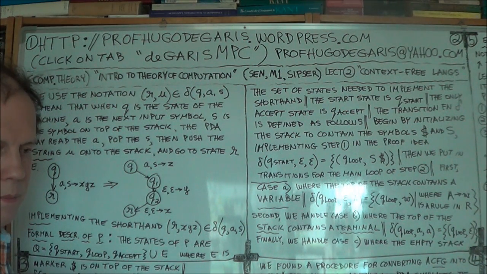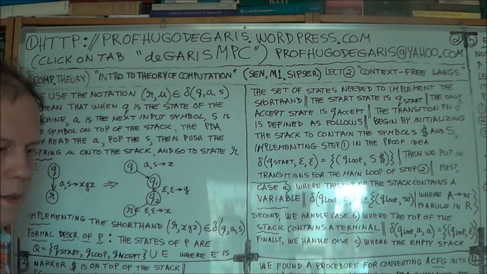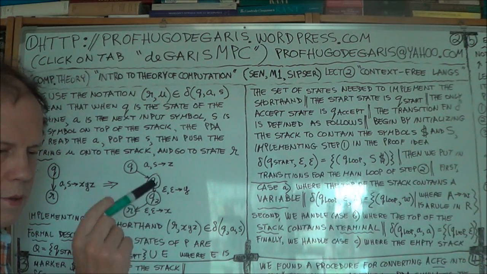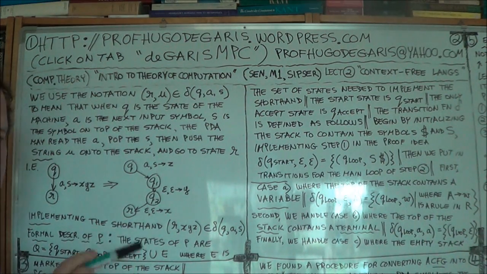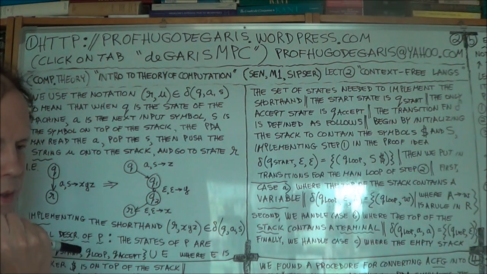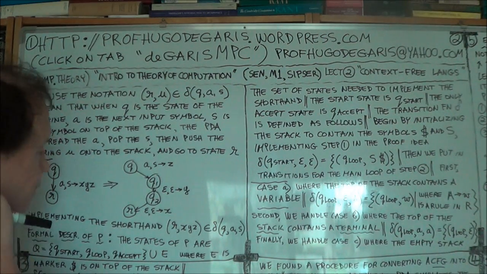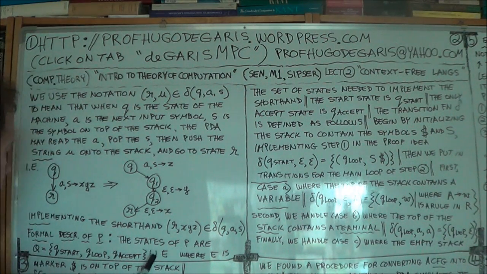You'll make multiple copies of your PDA, and you'll push onto the stack of each one of those copies the corresponding right-hand side of the substitution rule. Right. Okay.